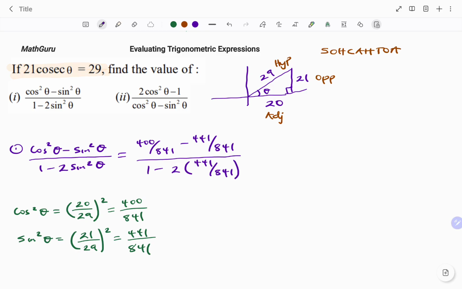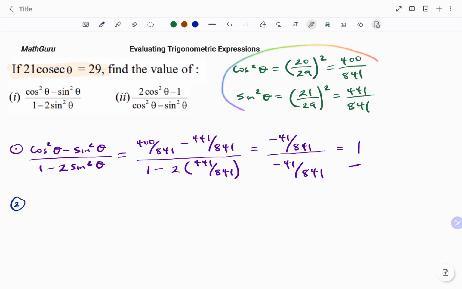If I simplify further, because I have the same denominator at the top, that's negative 41 divided by 841. And if I simplify what I have at the bottom, I have minus 41 divided by 841. Because I have the same numerator and denominator dividing each other, my value is equal to 1.